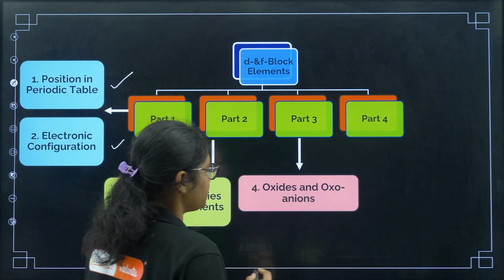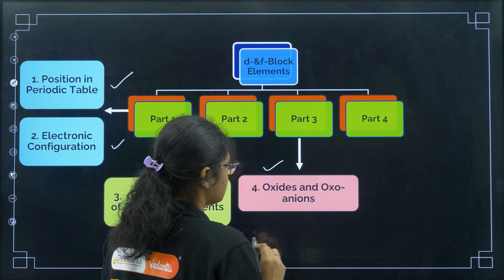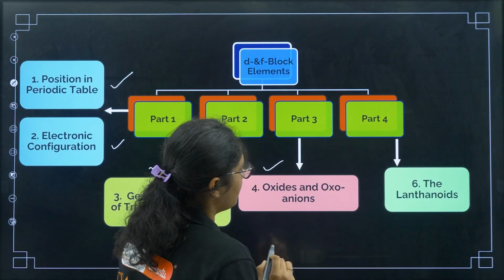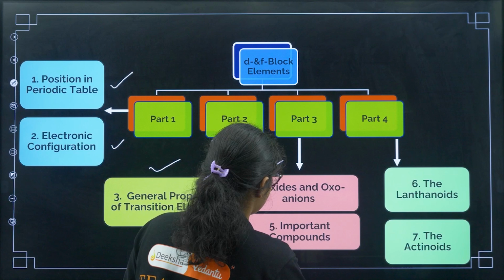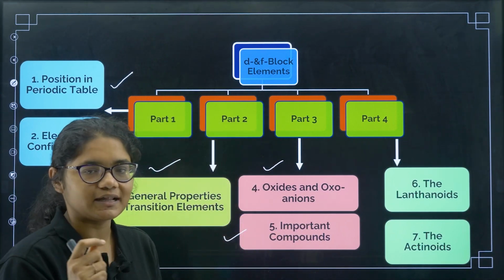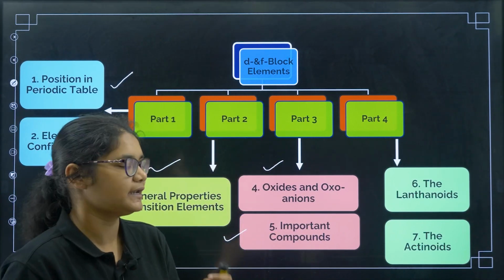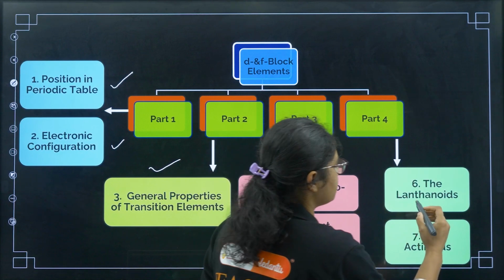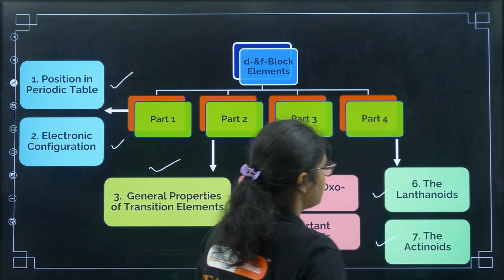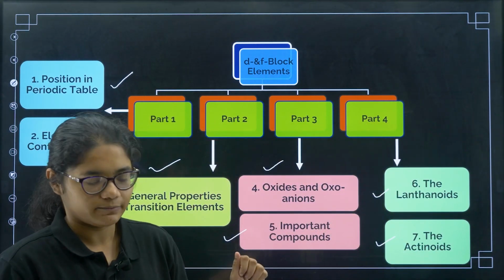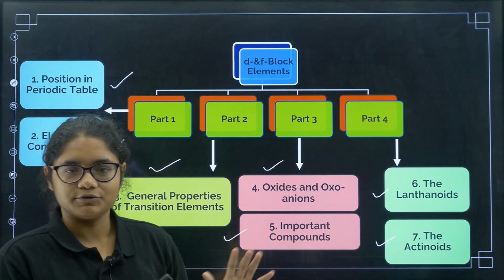And then in part 3 we are going to do oxides and oxo anions, and we'll be doing some important compounds, that is K2Cr2O7 and KMnO4. And then in part 4 we'll be doing lanthanides and actinoids, so that is part 6 and part 7. Okay, so I hope the distribution is clear.